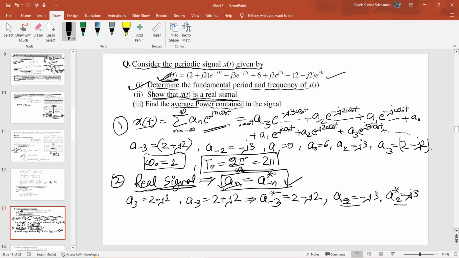Now moving to the third problem, we have to determine the average power contained in the signal.